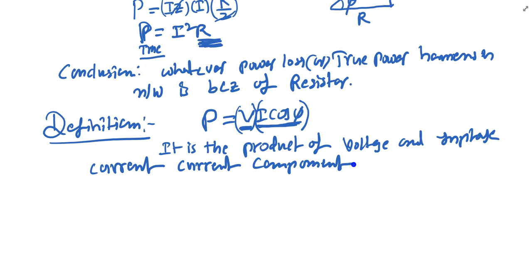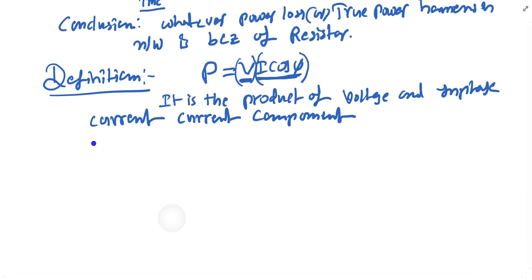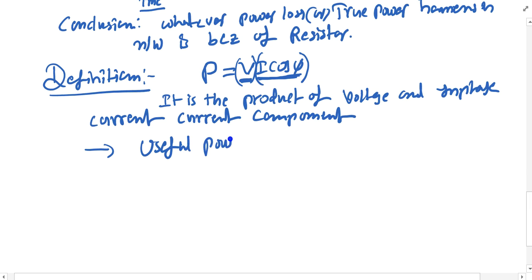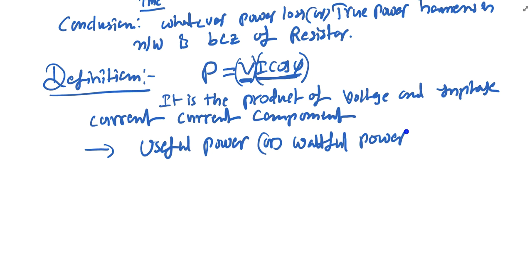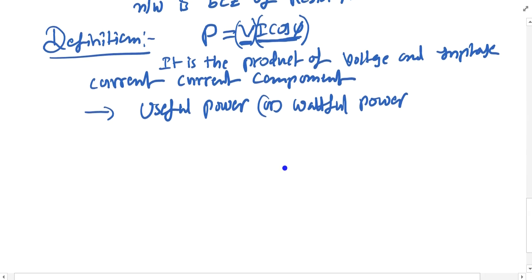So this true power is the useful power, or wattful power. This is the very useful power which the load actually consumes. Whatever power the load consumes is called active power or true power. That is the meaning of this.